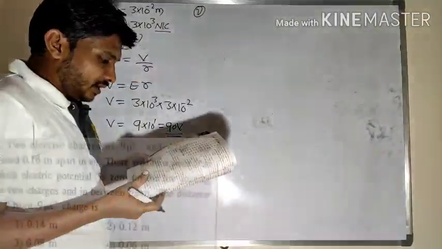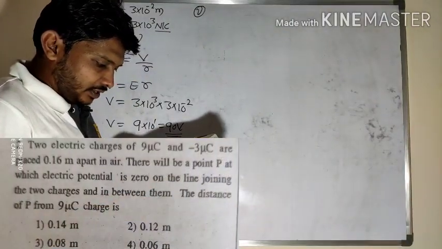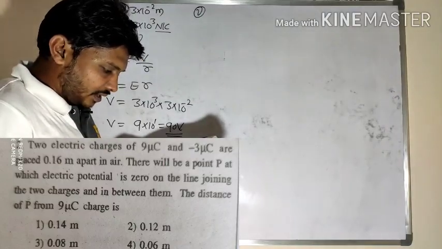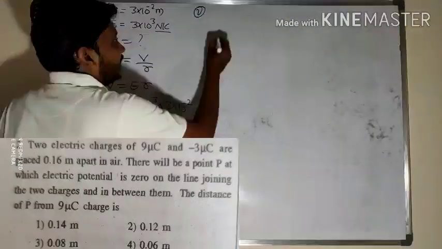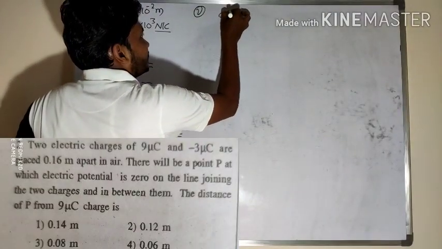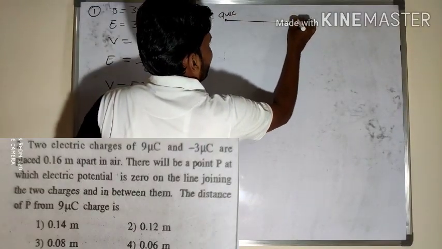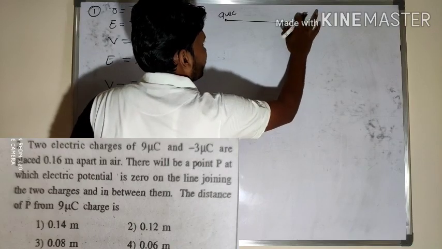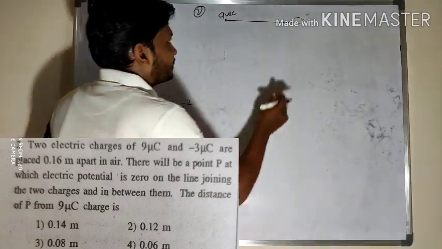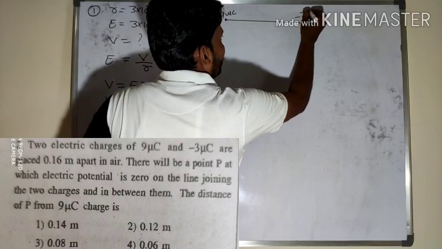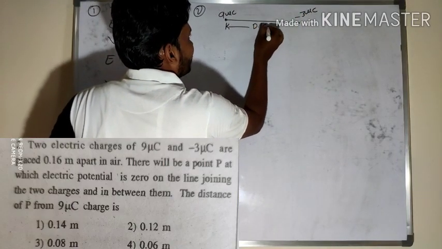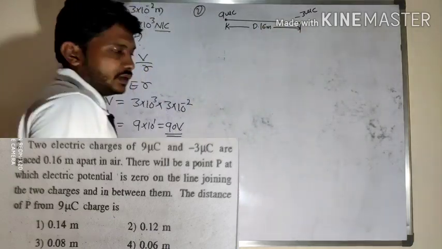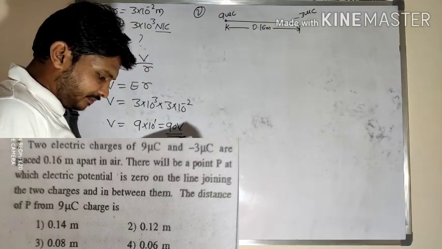Next one. Two electric charges, 9 microcoulomb and minus 3 microcoulomb, are placed 0.16 meter apart in air. Here two charges are present. One is 9 microcoulomb, another one is minus 3 microcoulomb, and there is a separation of 0.16 meter between them.